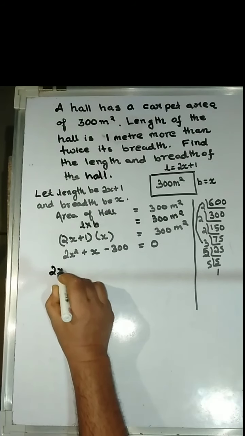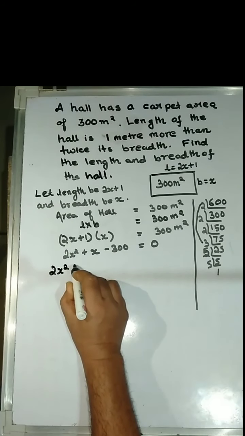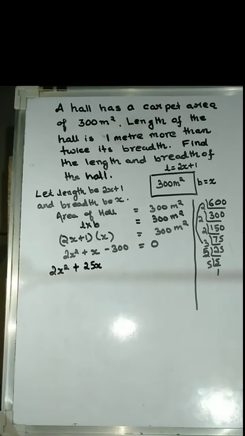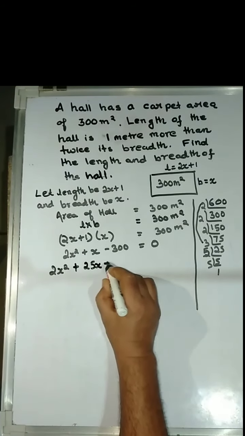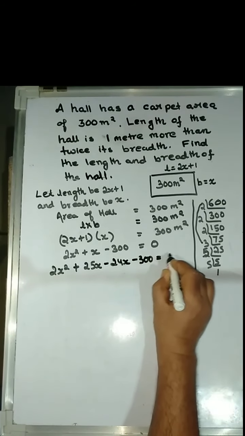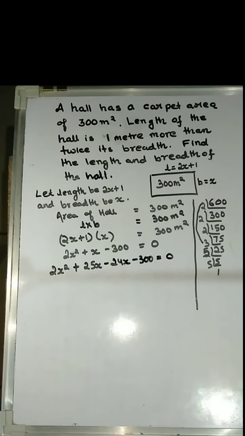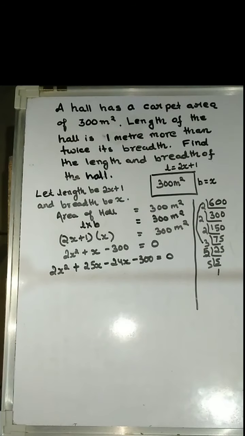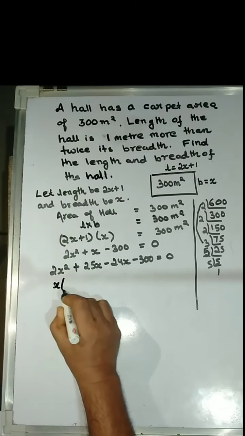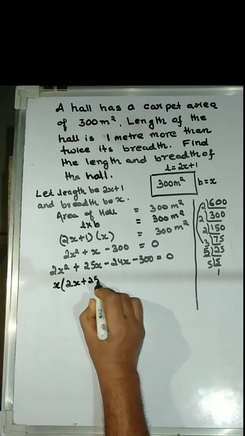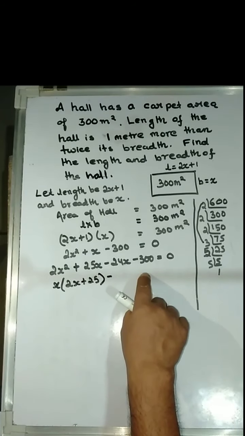You have 2x squared plus 25x. The bigger amount would be positive, since this is a positive, minus 24x minus 300 is equal to 0. So now you would look here that you have only positives as well as no common number except x. So you put your x outside, and inside you have your 2x plus 25. And here you need to get a 2x inside.